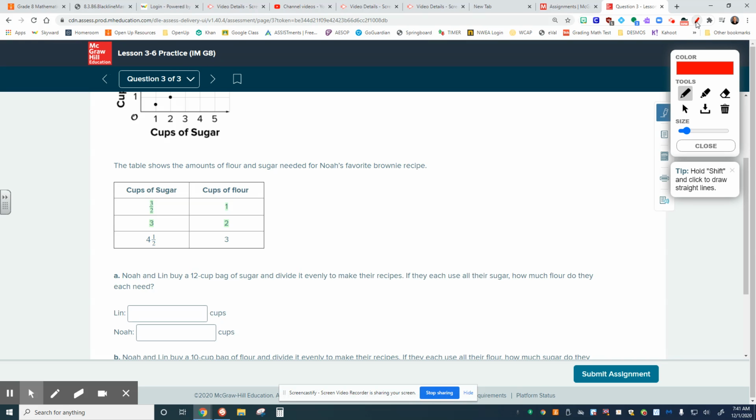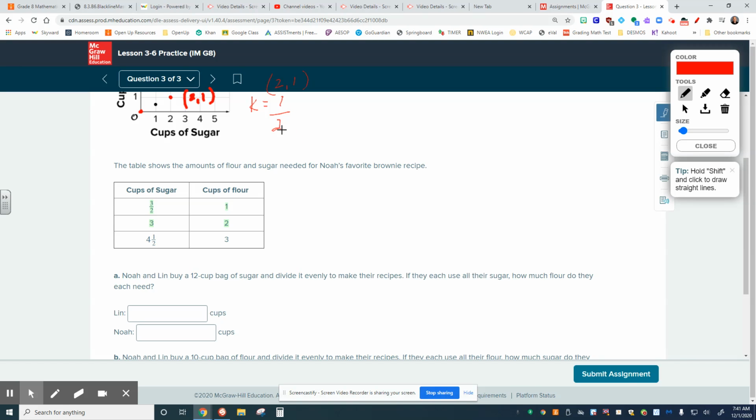We know from Lynn that her slope right here is basically a 1 to 2. So we see this because we're talking about 0, 0, and then we have the ordered pair of 2, 1. Well, knowing that these are proportional helps us out a lot, because now I know that my constant of proportionality when using this ordered pair of 2, 1 is going to be 1 cup of flour to 2 cups of sugar.